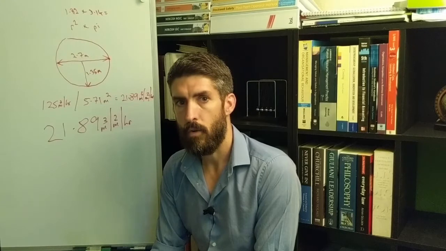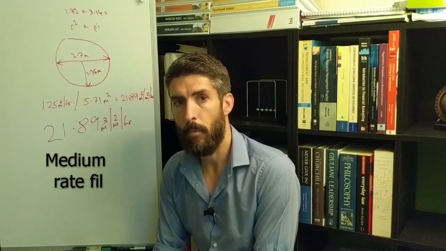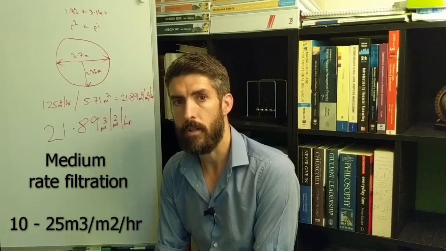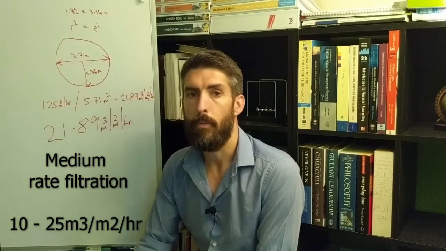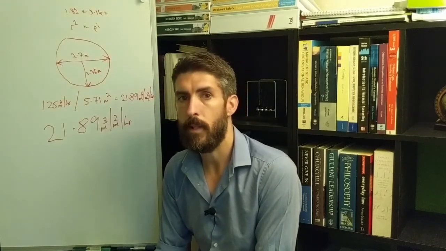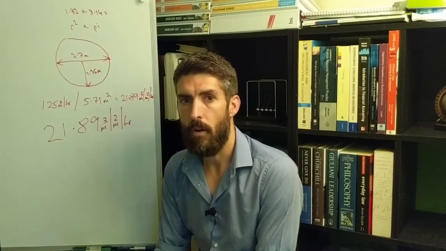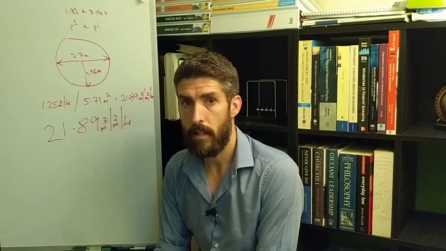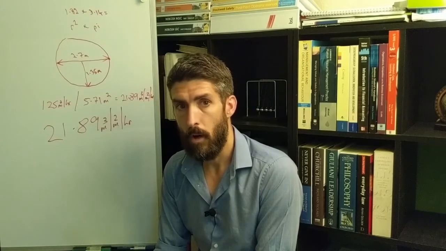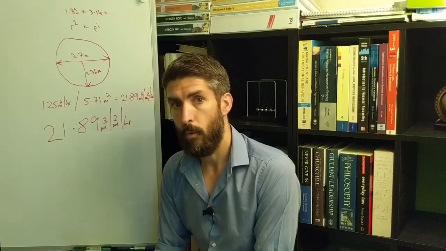Medium rate filtration is anything above 10 right up to 25. Anything between 10 and 25 is regarded as medium rate filtration, and that's the rate recommended for commercial swimming pool sand filters.